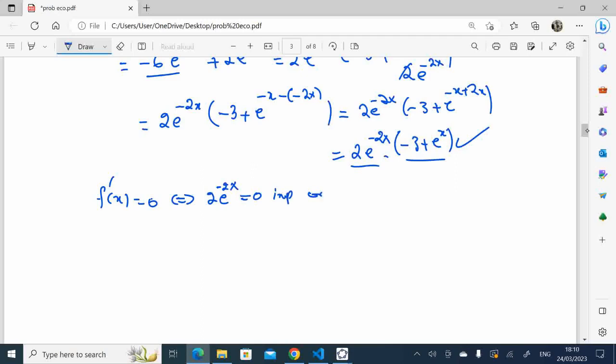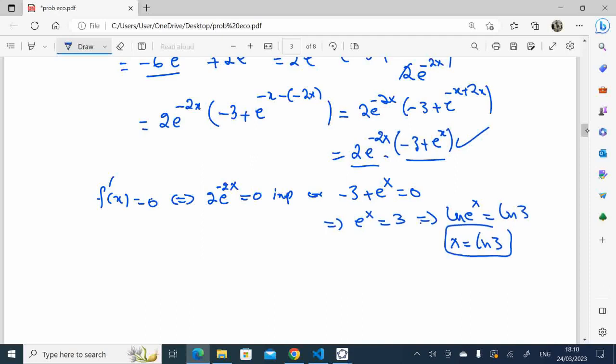Or the second one, minus 3 plus e^x equals 0. It means e^x equals 3. So ln both sides, we get ln e^x equals ln 3. So it means x equals ln 3, which using a calculator is approximately 1.1.